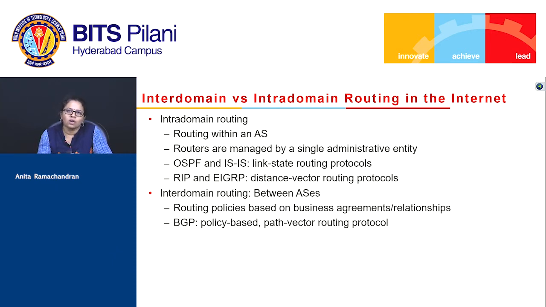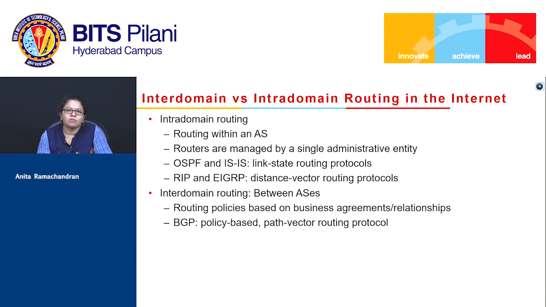All devices or all equipment within an autonomous system are managed by a single operator, and it actually participates in routing. Each autonomous system has a unique identifier. It used to be 16-bit, but I think with RFC 4893, it is now a 32-bit ASN number for each autonomous system.